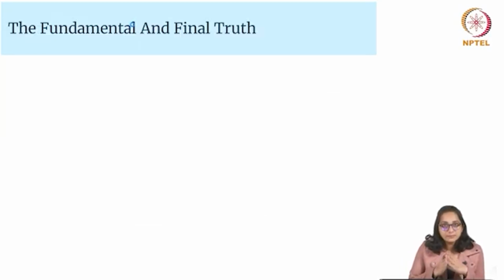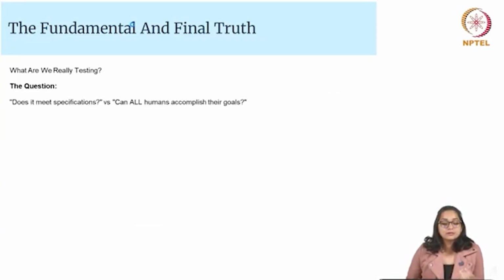So just to summarize, what are we really testing? The question can be, does it meet specifications? Are we only testing the technical validity? Or are we asking, can all humans accomplish their goals using this product?